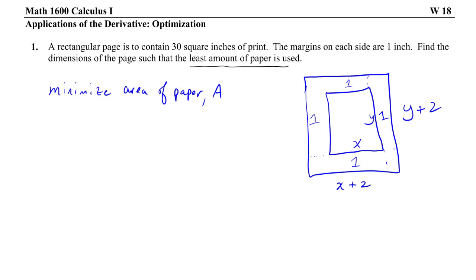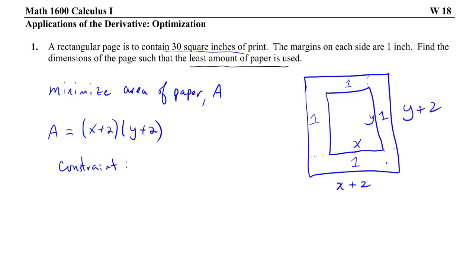Okay, so the area of the whole page is then X plus 2 times Y plus 2. Okay, that's my objective function. Now what about some constraint?